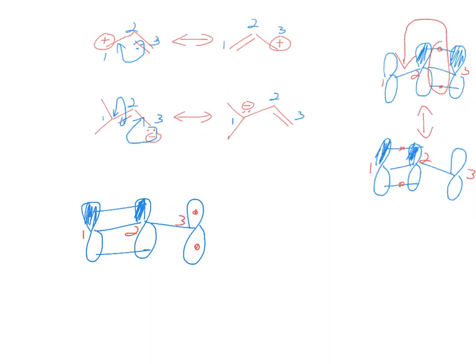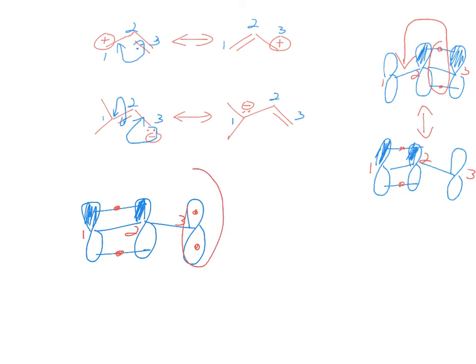Looking at the orbital picture for the carbanion here, 1, 2, 3, notice the p orbital is not empty, it's filled with two electrons. That's why this has a negative charge. I'm not showing that there are two H's over here. I'm not drawing those in, just showing the p orbitals. So these two electrons are going to move here, and the two electrons in that pi bond are going to move as well.